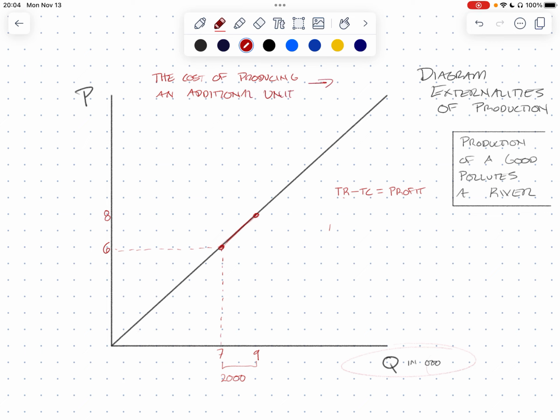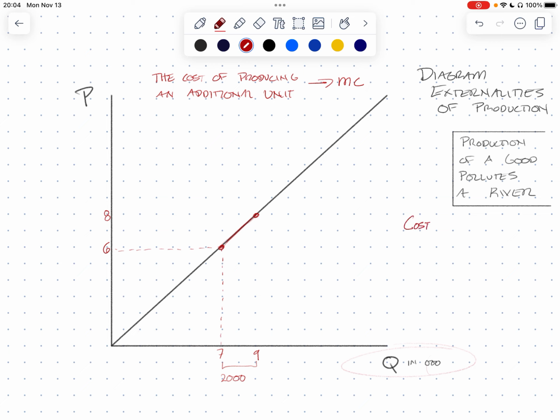And this we call the marginal cost, which is usually abbreviated MC. So if we come here and we think that in fact the cost of producing the unit is the marginal cost, well, what is the cost of producing a good?